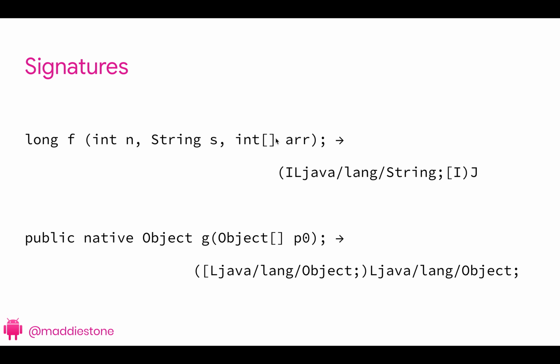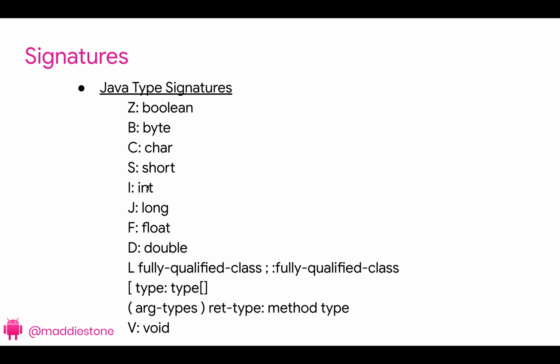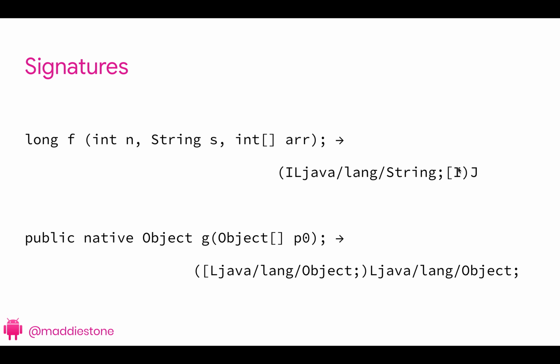Our last one is an int array, so we do an open square bracket to designate an array of the primitive type I, and that's our last argument. So we close the parenthesis, and then we return the type long, and back in our list, long is J. So this is the signature for our Java declared native method f.